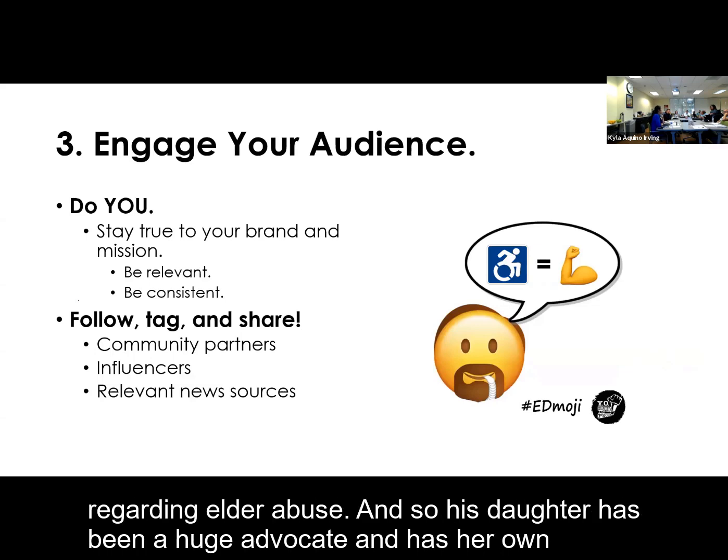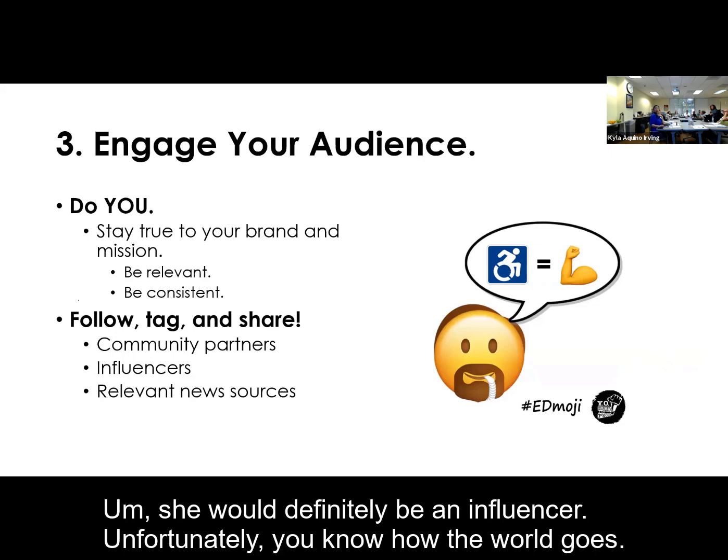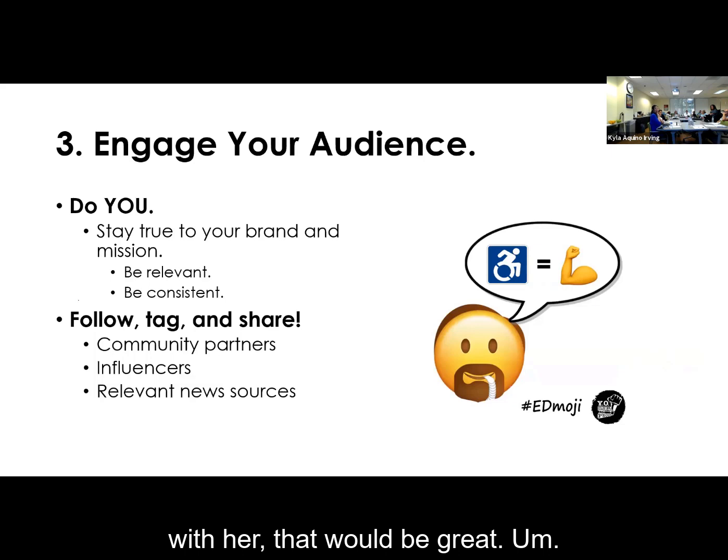His daughter has been a huge advocate and has her own podcast regarding elder abuse. Hopefully we can connect with her and collaborate. She would definitely be an influencer. Unfortunately, you know how the world goes. If you have a celebrity status, more people pay attention to the issue. So if we can connect with her, that would be great.